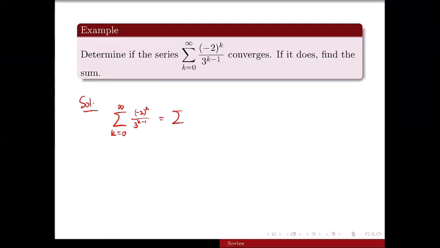This can be written as the series from 0 up to plus infinity of negative 2 to the k divided by 3 raised to negative 1, 3 raised to k. Or this is just the series from k equals 0 up to plus infinity of 3 times negative 2 over 3 raised to the power k.